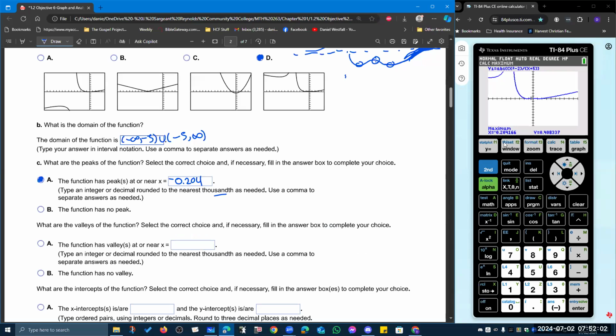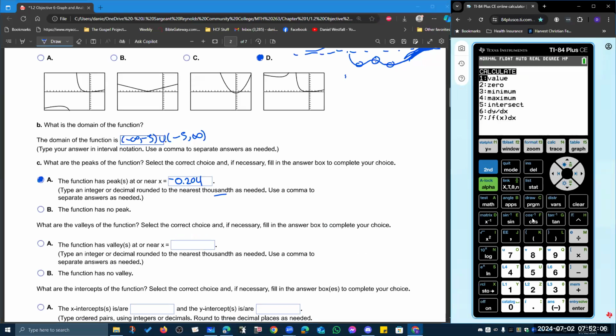Now we need to find these valleys, which are just to the left of that. Coming down, and then we start coming up over here. Somewhere in there, there's a valley at -1.414.